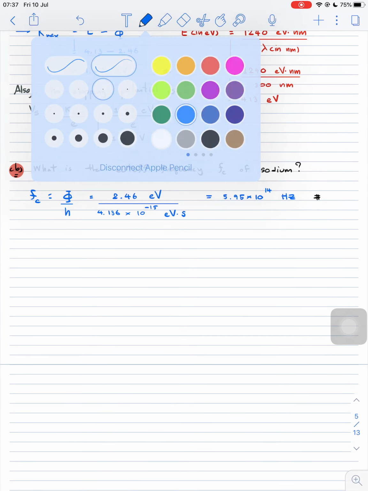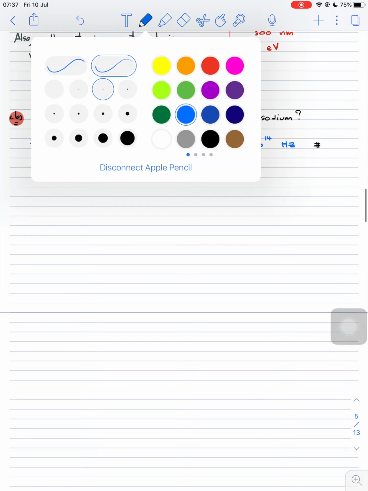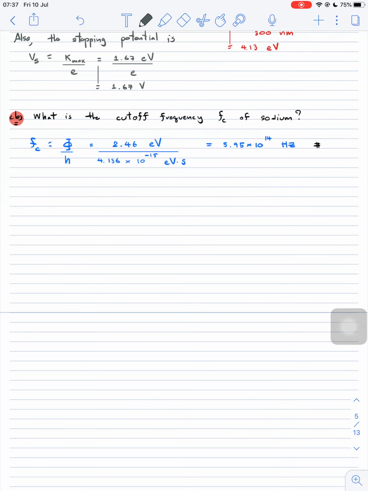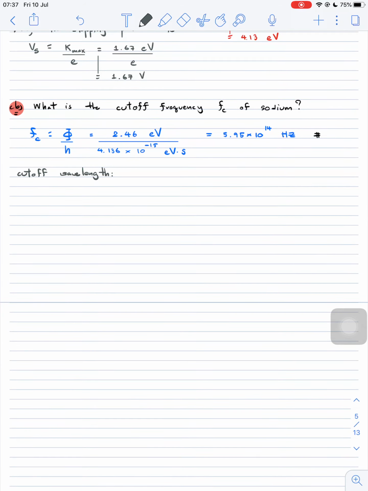Also we can find the cutoff wavelength. Lambda c for the cutoff wavelength is going to be equal to c, the speed of light in vacuum, over the cutoff frequency.